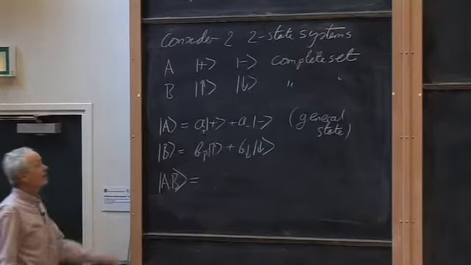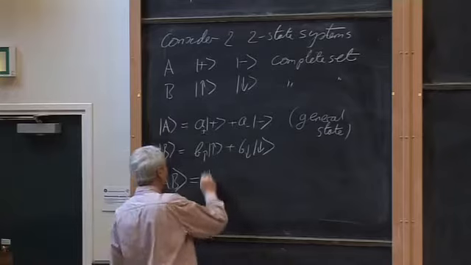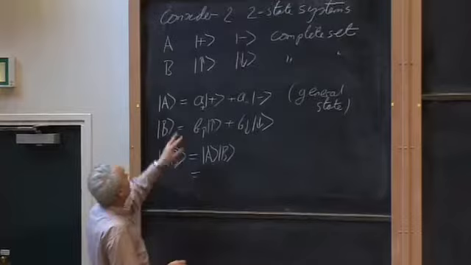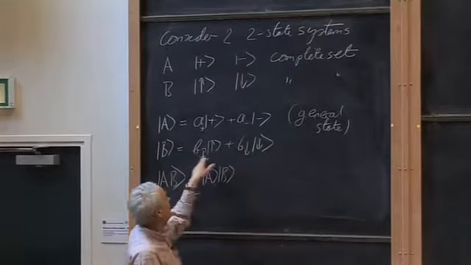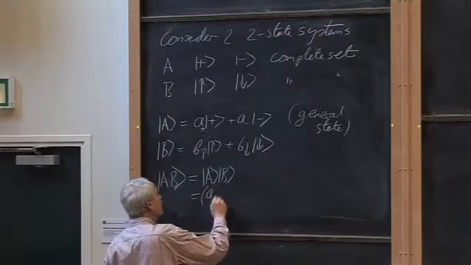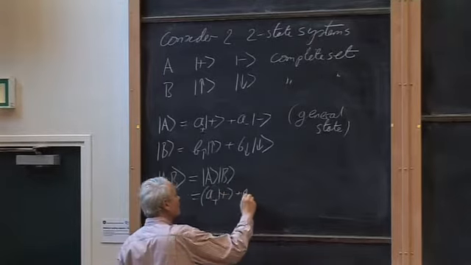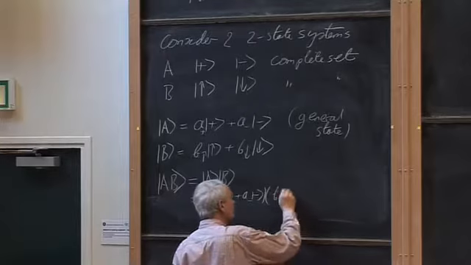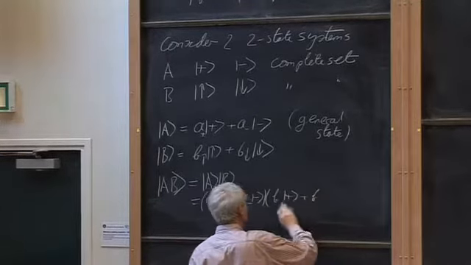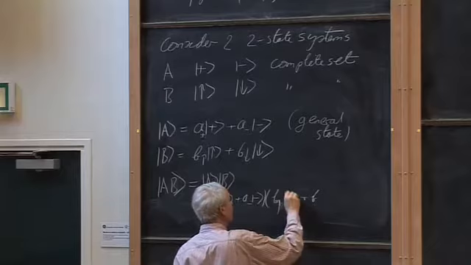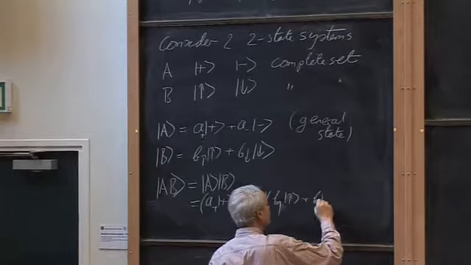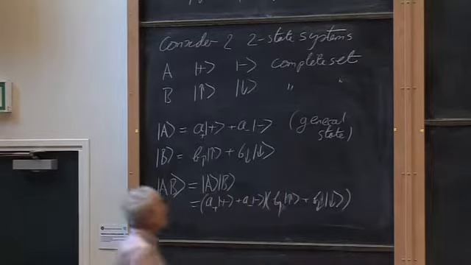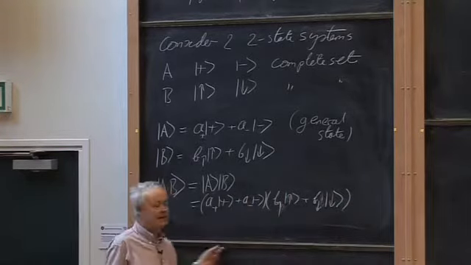The state of AB that we get is going to be this thing bracketed into this thing, A plus |plus> plus A minus |minus>, times B up |up> plus B down |down>. Oops, sorry, this has the up and the down states. And when you multiply this out, you get a disgusting mess, right?